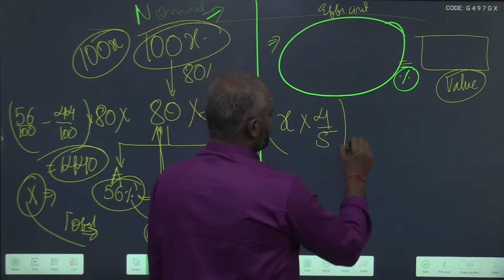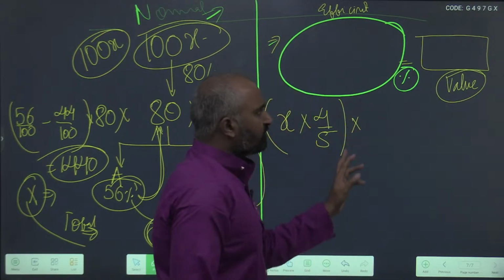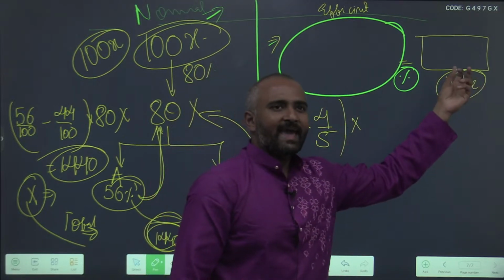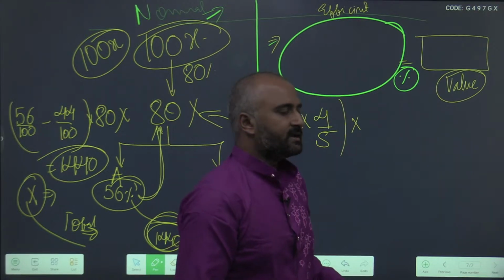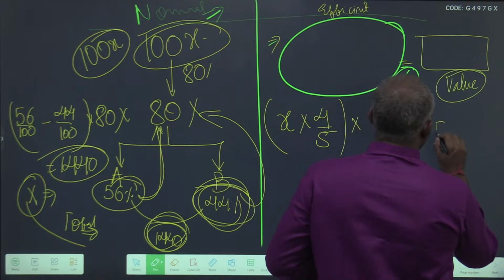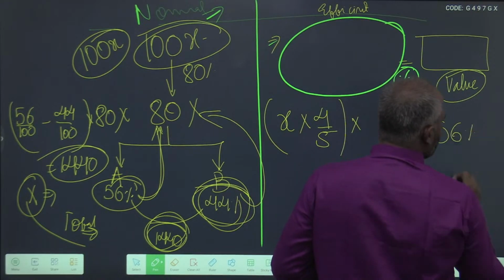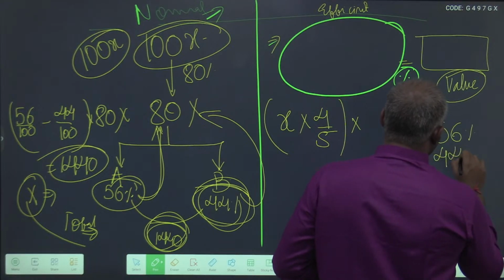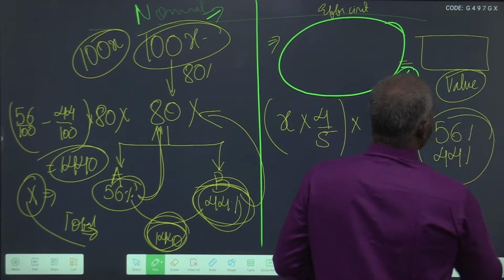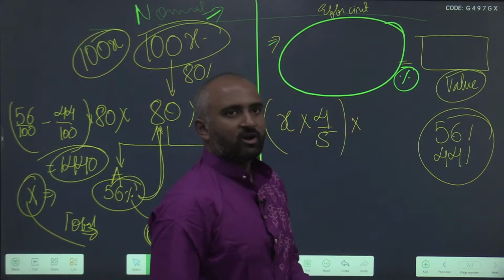Next, out of these votes polled, is he given a candidate's value or the difference value? You see, if one candidate gets 56%, that means the other must have gotten 44%.